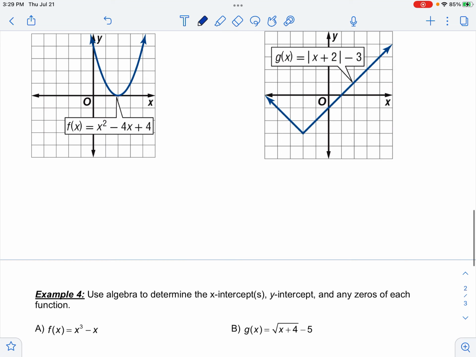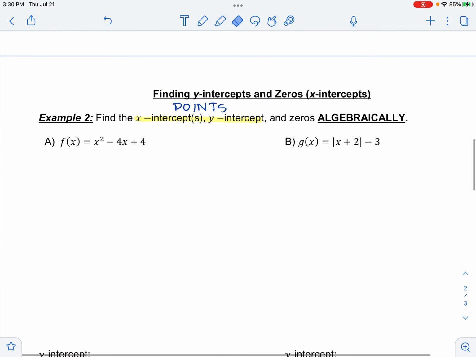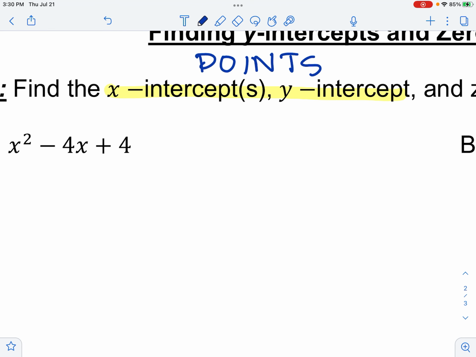If we look at graph paper, x-intercepts would be where the graph hits the x-axis, something like this point right here, -3, 0, or -3.5, 0, or -2, 0, or 1, 0, or 2, 0. This one happens to be 2, 0. So x-intercepts are in the form something comma 0. Y-intercepts are 0 comma something. Same idea.